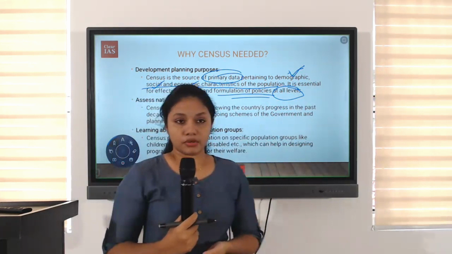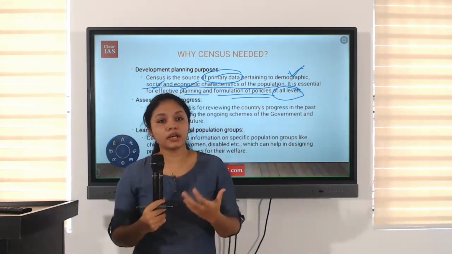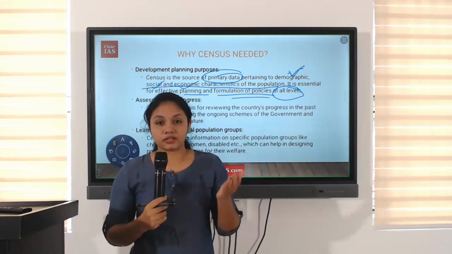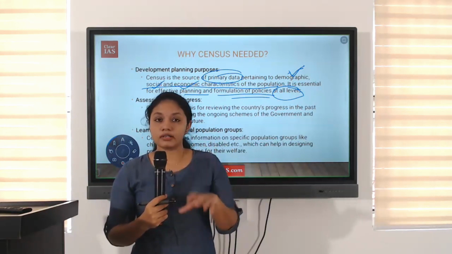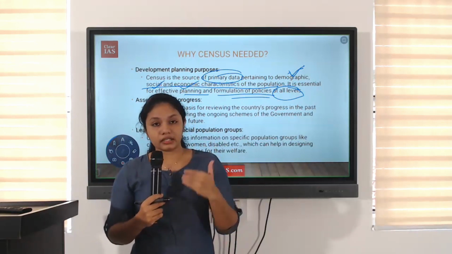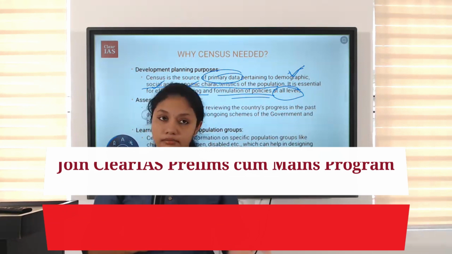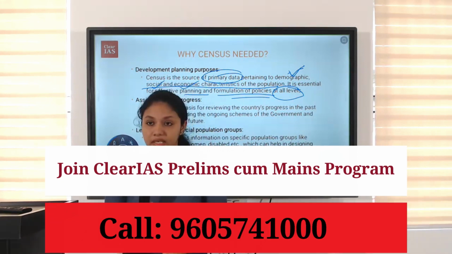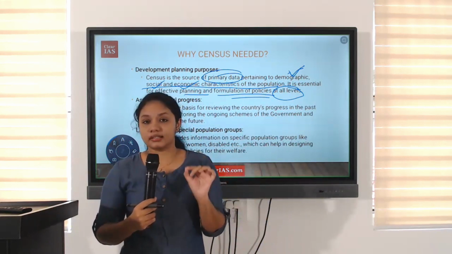assess national progress. Okay. If we are doing development processes or formulating policies and conducting different programs or schemes based on the policies, there is always a need of checks, right?